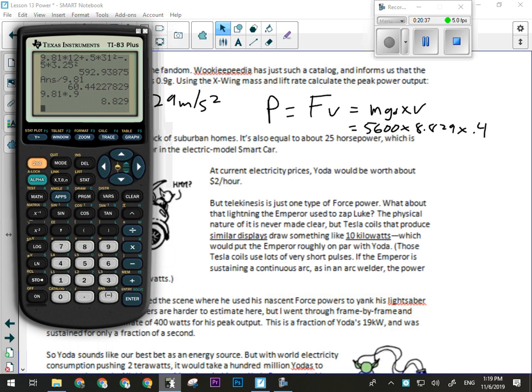That's our speed. So times 5,600 times 0.4. 19,776.96 watts is how powerful Yoda is. I mean, that's a respectable number. To be certain, it's a respectable number.